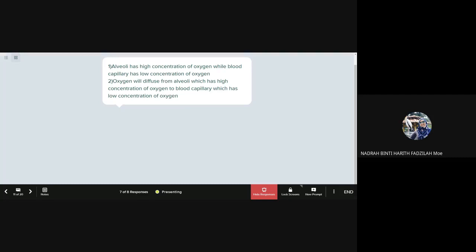Atirah dimulakan dengan perbezaan concentration, number 1. Number 2, oxygen diffuse from alveolus atau alveoli to blood capillary. Dua ayat pertama Atirah ni betul, is a good example.